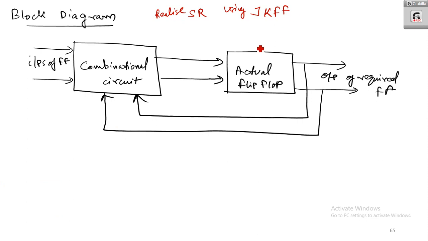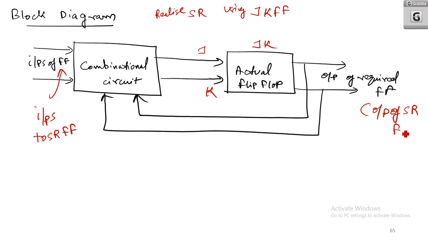Here the actual flip-flop is the JK flip-flop, and the inputs to the flip-flop are the inputs to the SR flip-flop. This combinational circuit converts the SR inputs to JK inputs. Then the output of the required flip-flop is the output of the SR flip-flop.